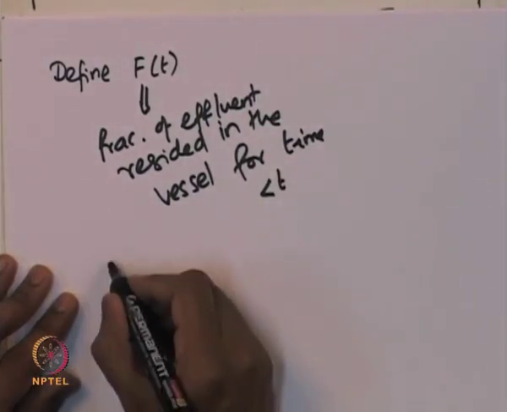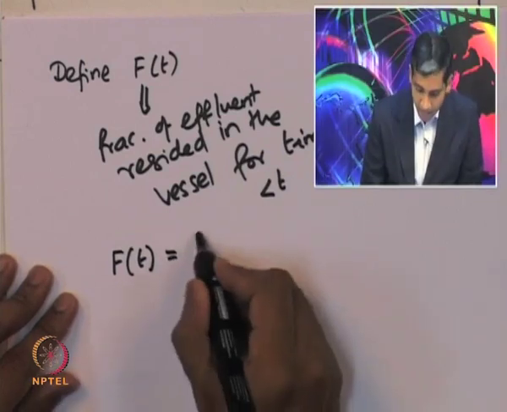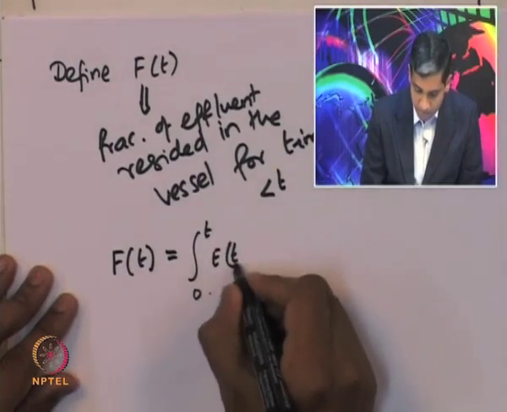How is that defined? As we have seen in the step input case, F(t) is defined as the integral from 0 to t of E(t) dt.